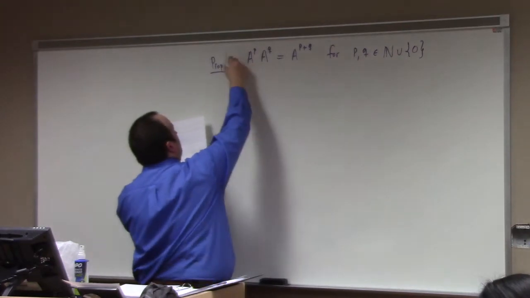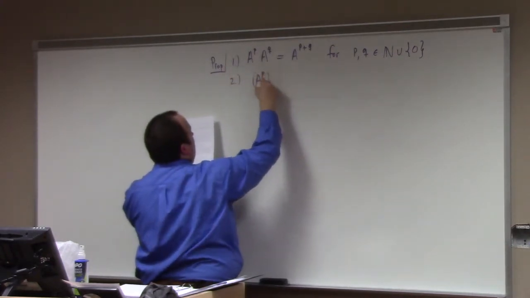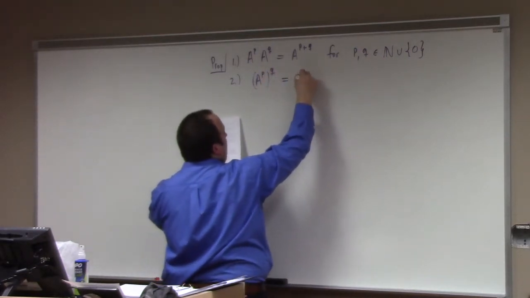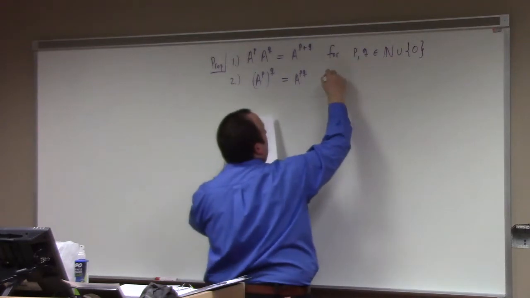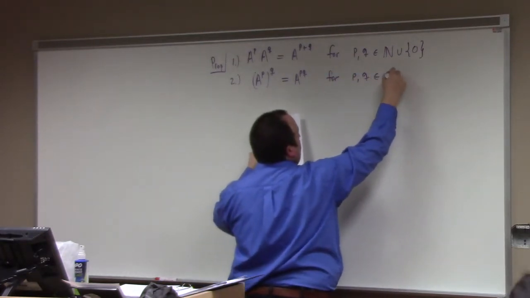2, we have A to the p raised to the q power is, you guessed it, A to the pq. Again, for p and q either 0 or natural numbers.